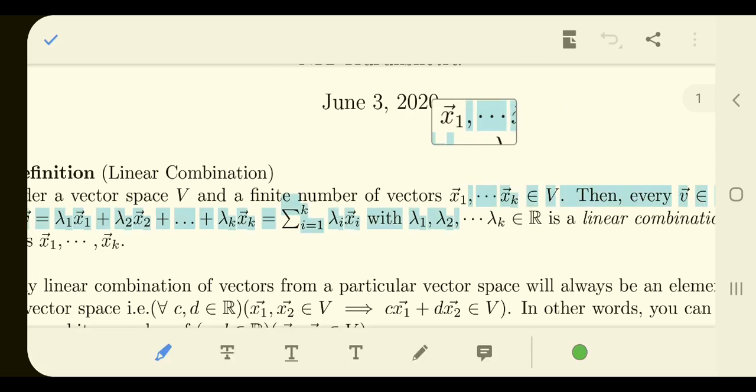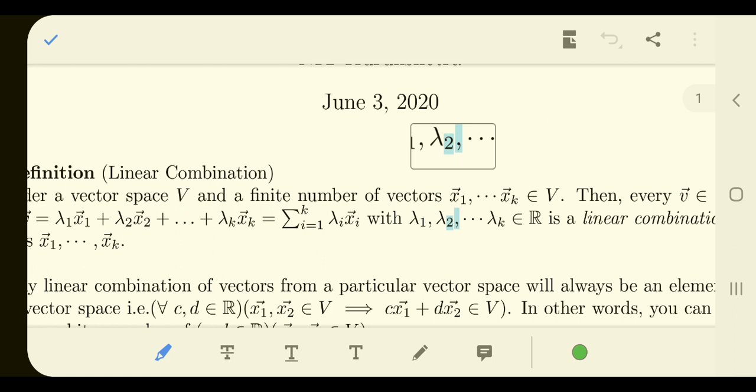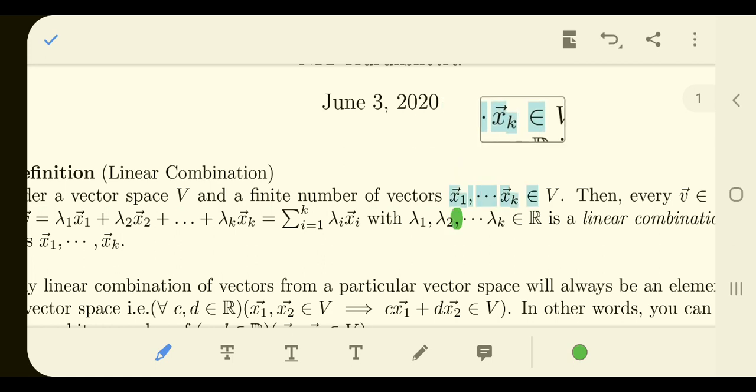These are the vectors that it contains, and we are interested in knowing: if we generate a vector out of the linear combination of these vectors, does that also belong to the vector space V? Is it compulsory?